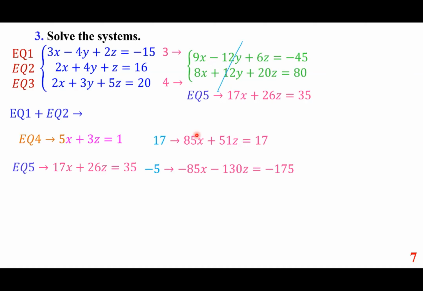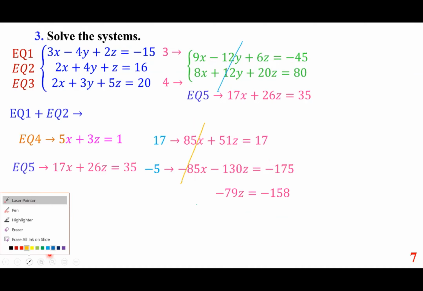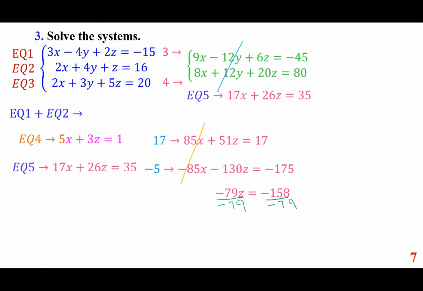As you can see, these two cancel each other when we add them up. These two, -79z, these two, -158.